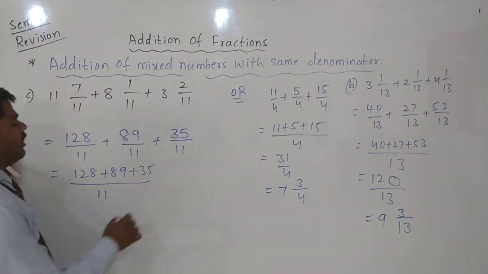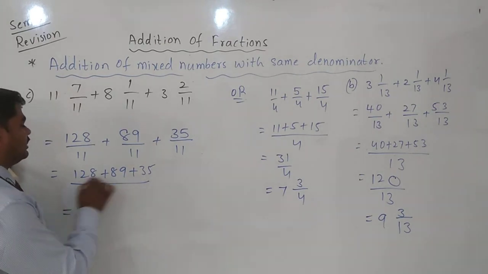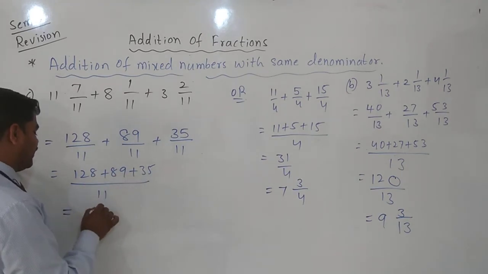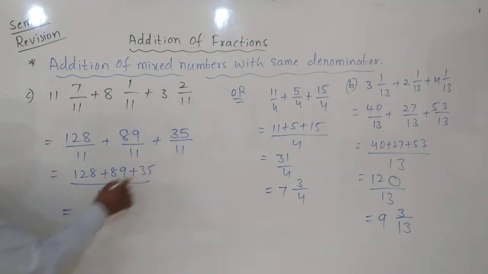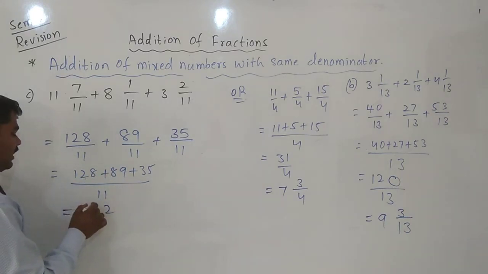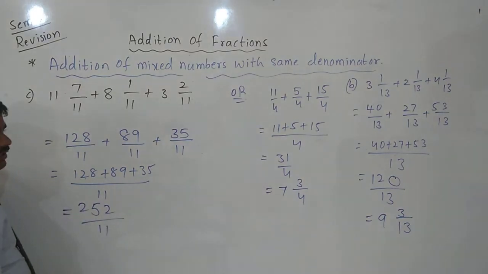Then add all these numerators. 5 plus 9 is 14, 14 plus 8 is 22, 2 carry 2. 2 plus 3 is 5, 5 plus 8 is 13, 13 plus 2 is 15, again 1 carry 1, plus 1 is 2. 252 by 11.